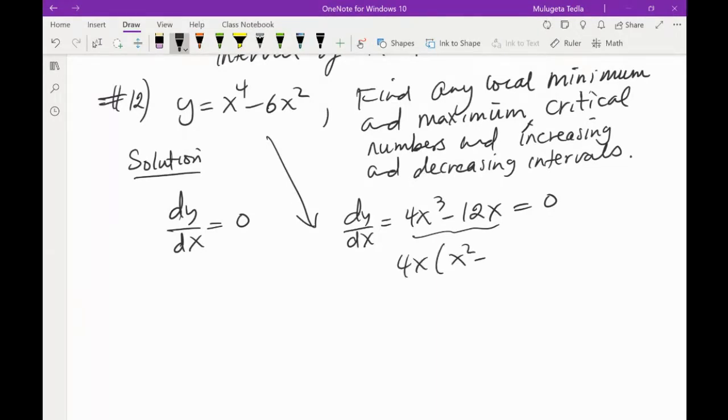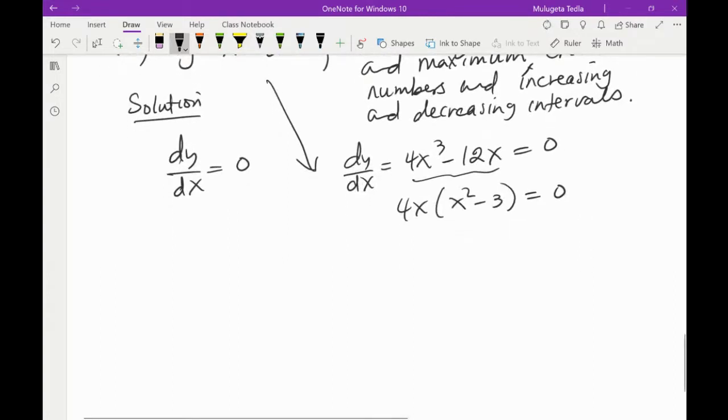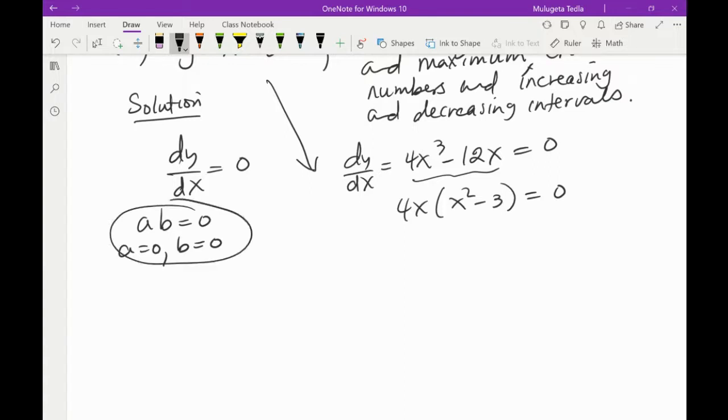And then I have x squared minus 3 equal to 0. So, a product of a times b is equal to 0. If a is equal to 0 or b equal to 0, that's what we do, right? This is a fundamental algebraic property. So the first factor is 0, the second factor, x squared minus 3 equals 0. This will generate every critical number.